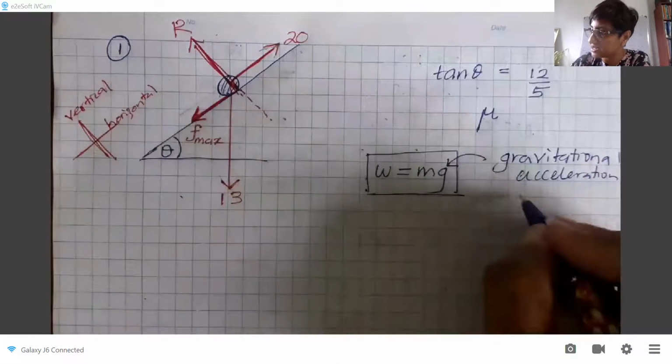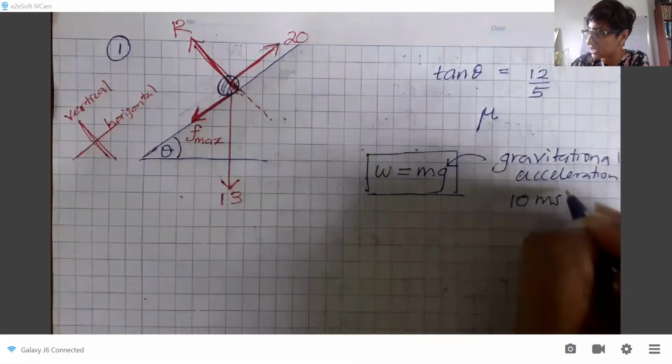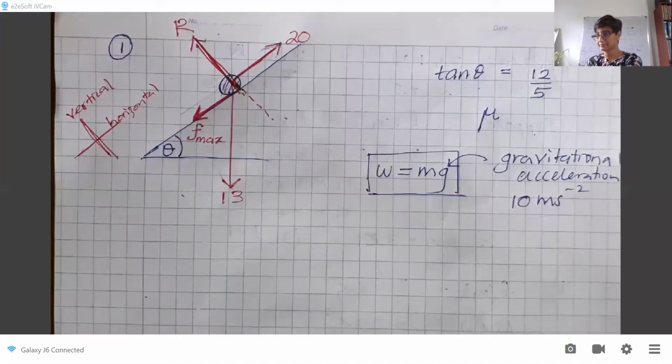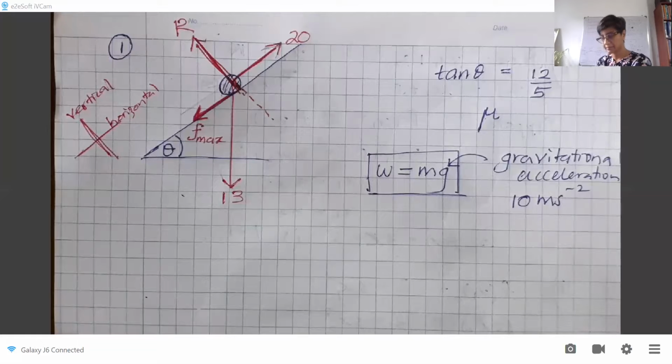Same thing. And its value is 10 meters per second squared. G is approximately 10. So weight of an object is mass times 10. W equals mg. I took it for granted. I thought you already know it. Okay.